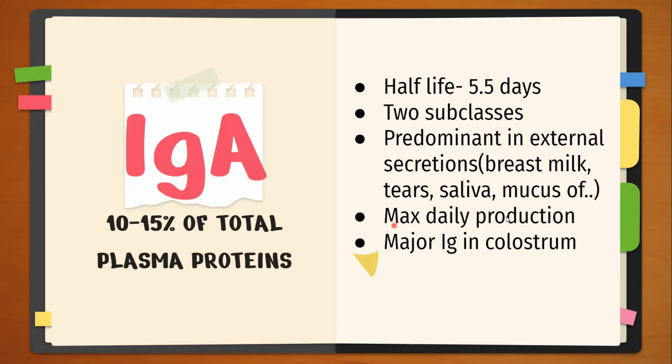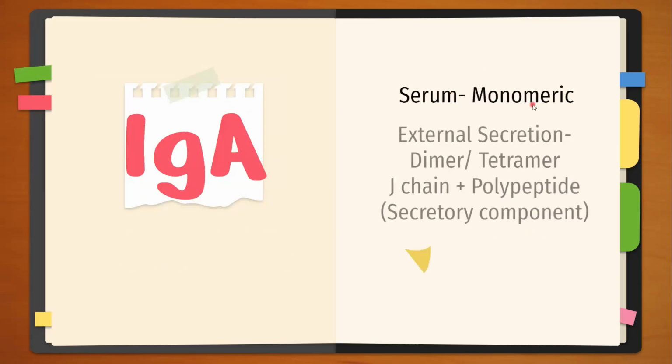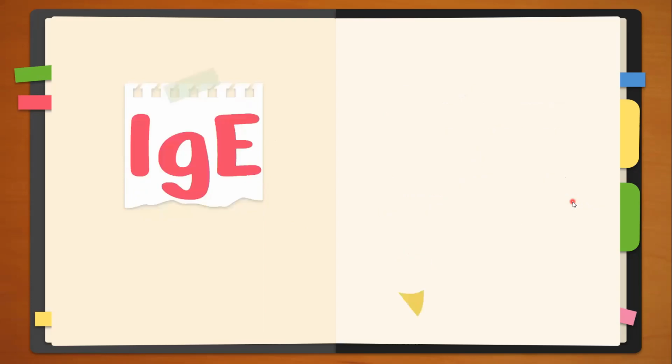It has the maximum daily production. The structure of IgA: in the serum, IgA is monomeric, whereas in the external secretions, it is present as dimers or as tetramers. Again, the dimer and the tetramer contain a J chain along with another additional polypeptide called the secretory component.